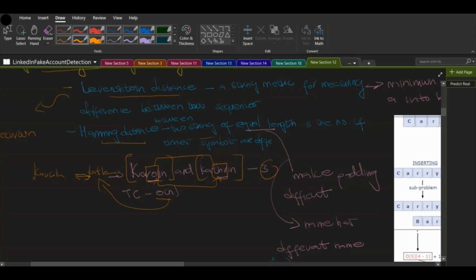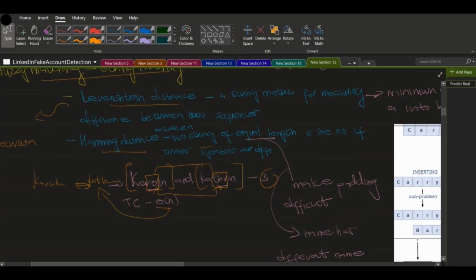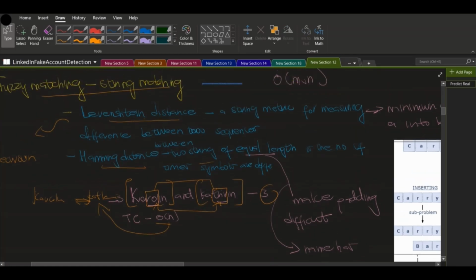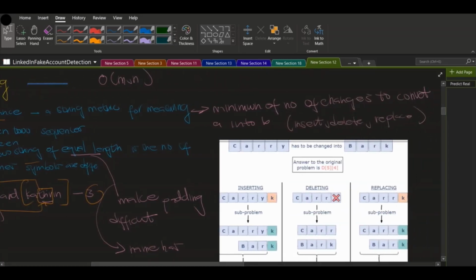Levenshtein's distance has the same time complexity as longest common subsequence. I think it's O of mn time. I'd like to walk you through an example of how these metrics work.